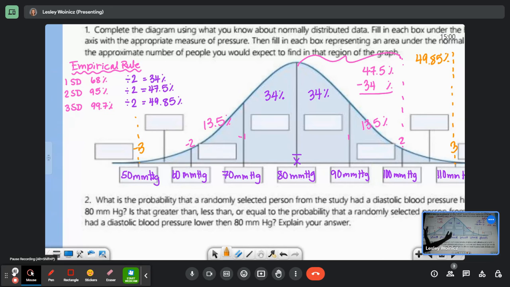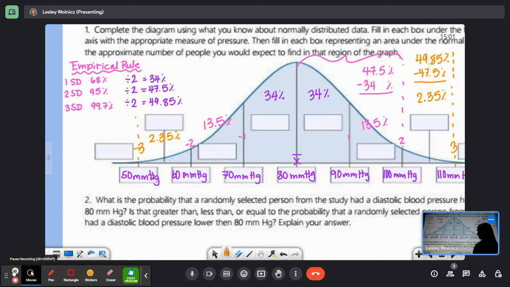Does everybody see what I'm doing? So I'm going to subtract the 47.5, and what do we get? I think it's like 2 something. Like 235? Yes. So 2.35%. So this side is 2.35%. So is this side. That's what percent of the data falls under that curve in that section.